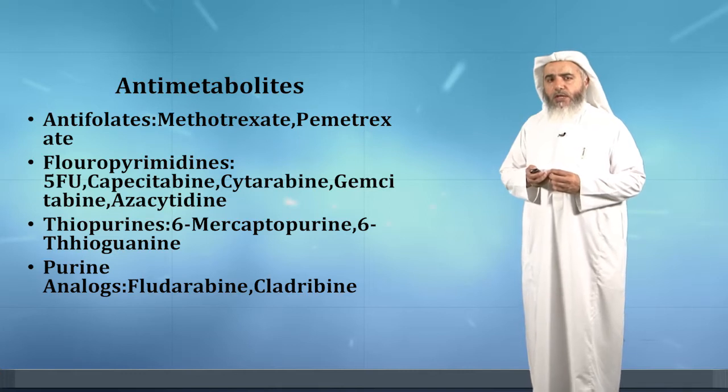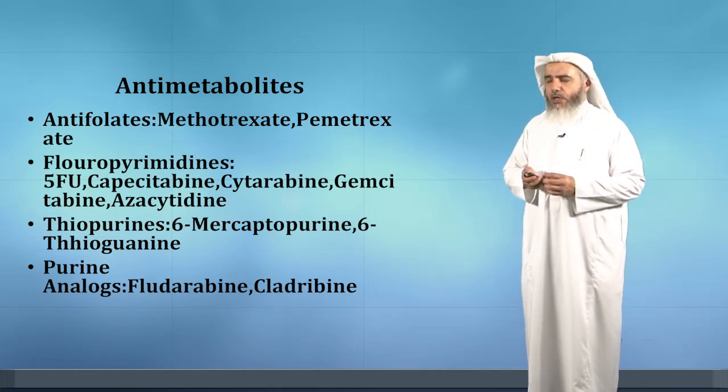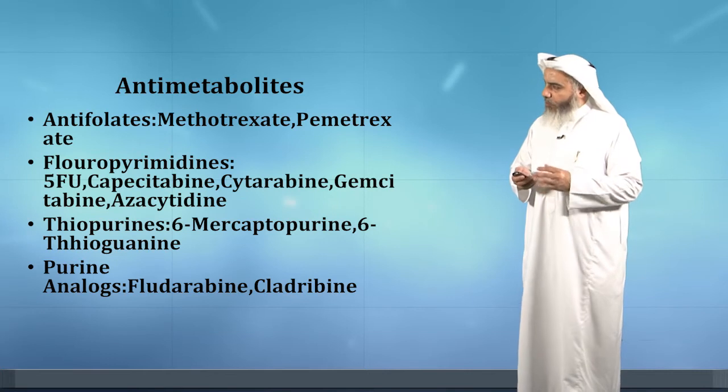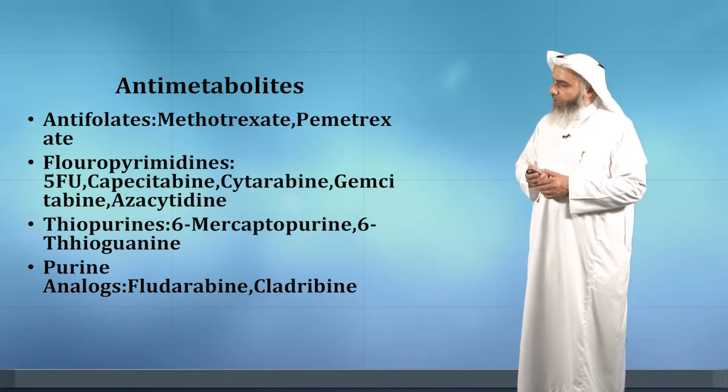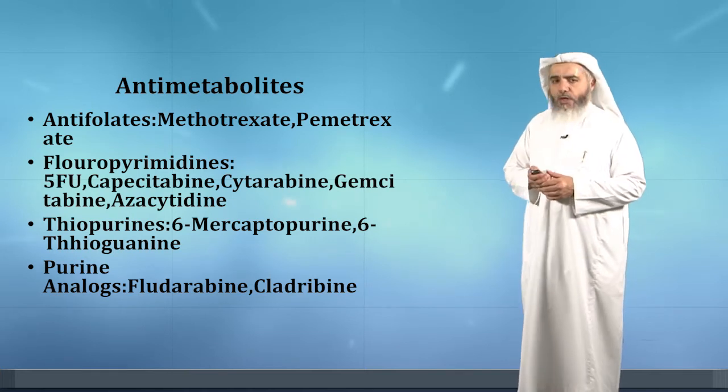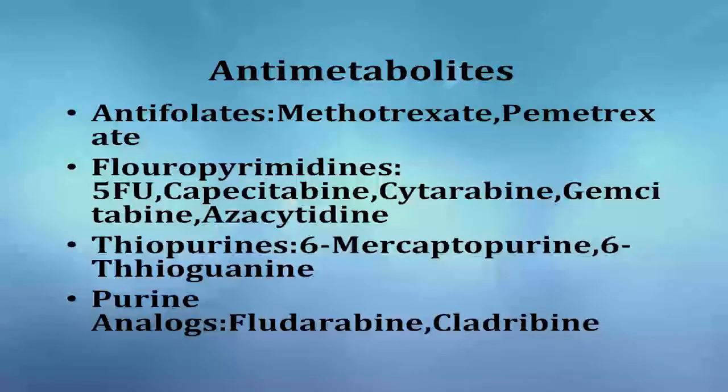So the cells think it is purine and it is not, so the cells will not synthesize the DNA. Examples of purine analogs are fludarabine and cladribine, which are commonly used in leukemias.